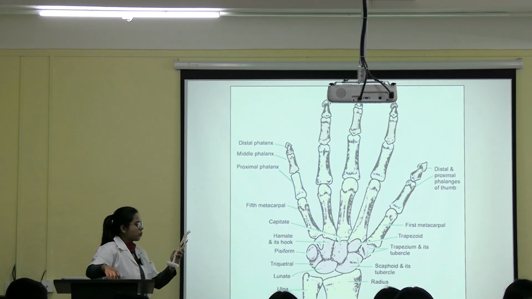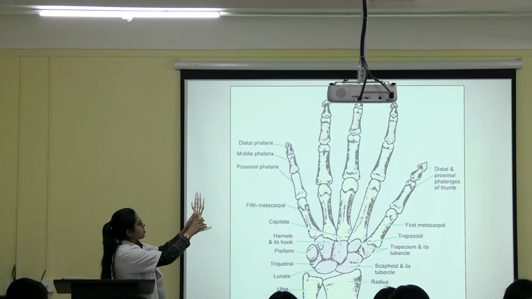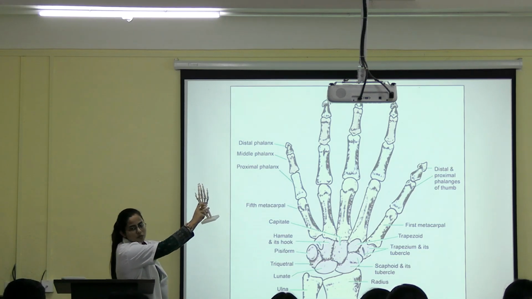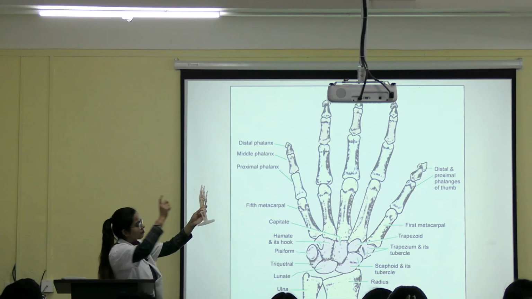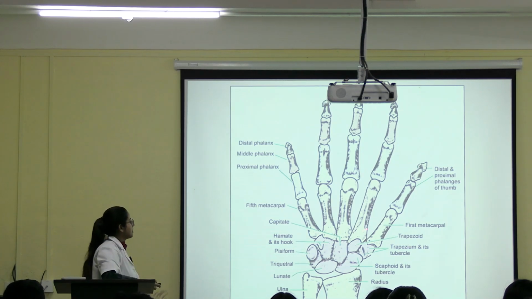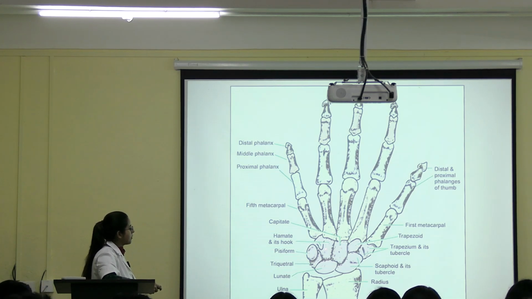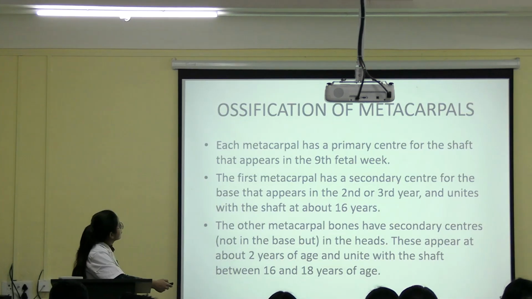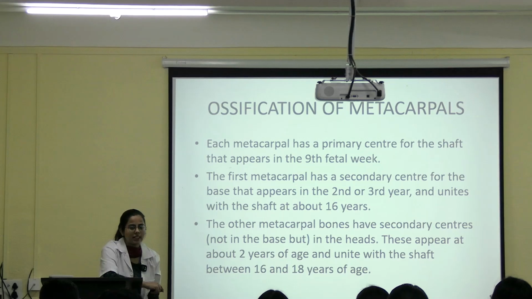It has a styloid process on the dorsal and lateral surface. This is the styloid process. It is articulating with which bone? Proximally capitate. This is the fourth metacarpal, articulating with hamate, and this is also the fifth metacarpal articulating with hamate proximally. Clear?